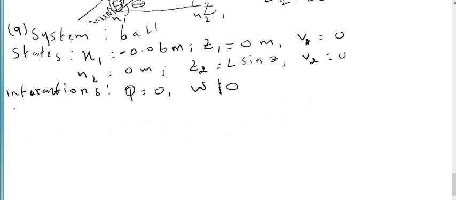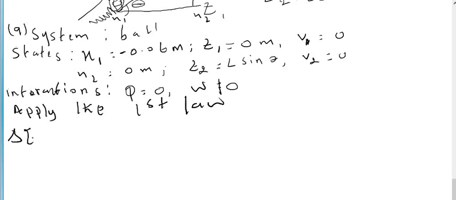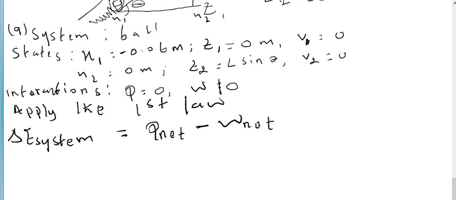Applying the first law of thermodynamics, we know the change in energy of the system is equal to the net heat in the system minus the net work in the system.